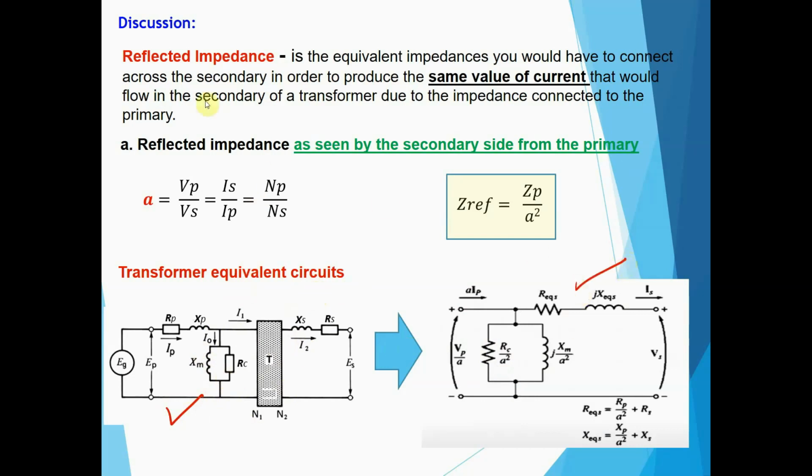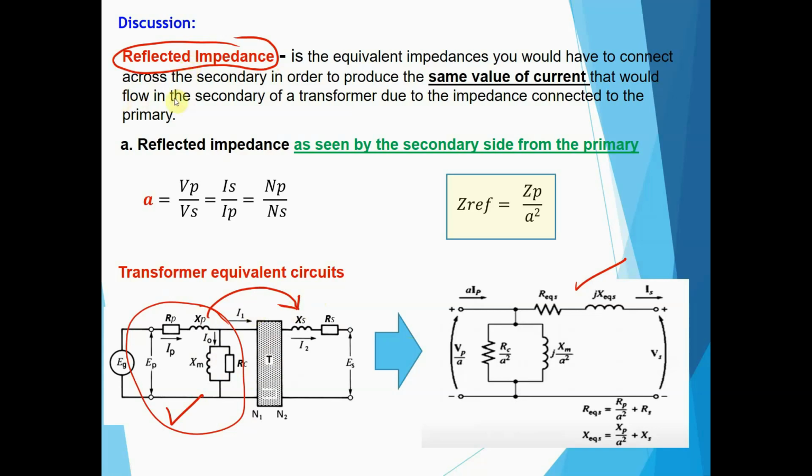This is called reflected impedance. By means of the reflected impedance procedure, I can reflect these loads here in the primary, I can transfer them to the other side by means of impedance reflection.